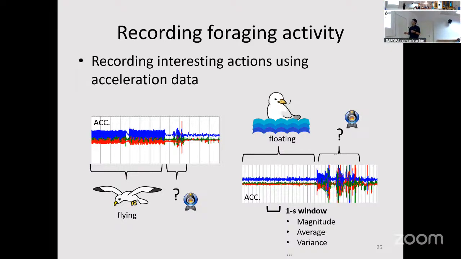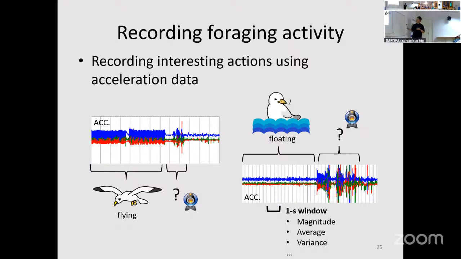This is an example of acceleration data. We can easily tell that this is flying behavior by watching the acceleration and GPS data. But without a camera, it is very difficult to identify the sensor data corresponding to foraging.